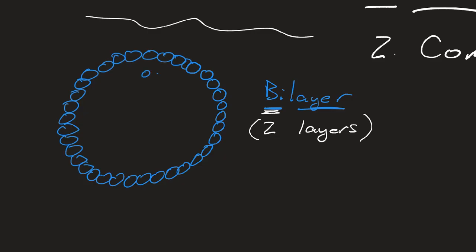And what happens in a bilayer is you have two layers of phospholipids. It's still a ball, it's still a sphere, and I shouldn't even call it a sphere or ball, but it's enclosed, it's three-dimensional. I can only draw it in two dimensions. Now I'm drawing it, so there's absolutely no reason why you guys can't draw it.